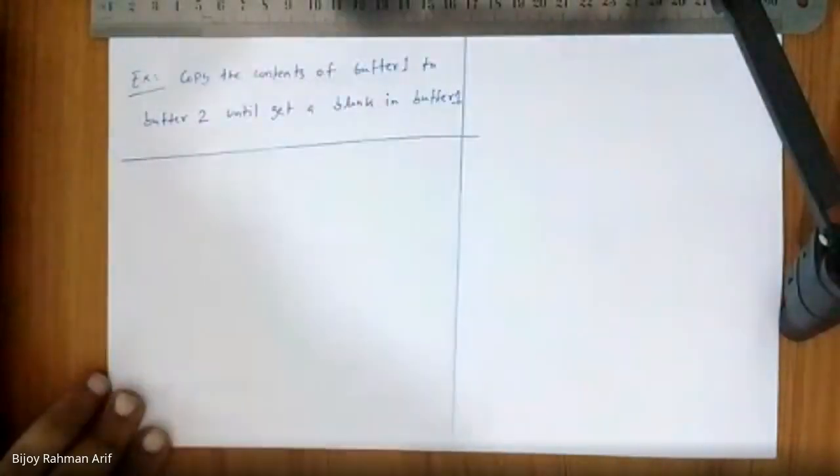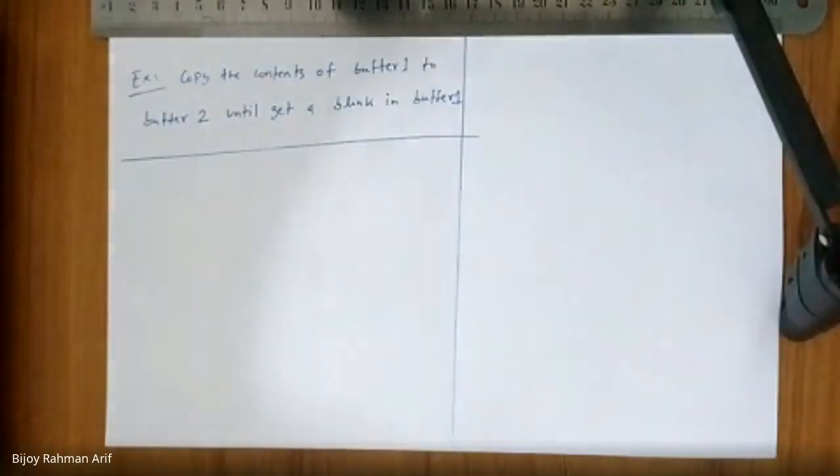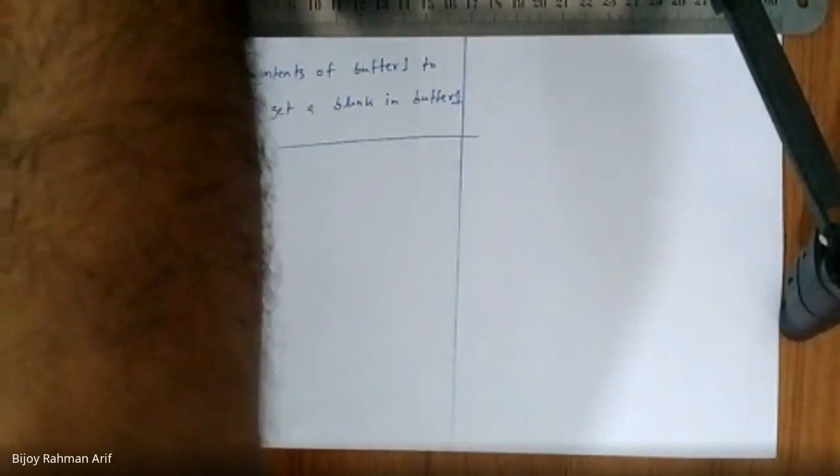So you have to draw a Turing machine for this. How can you do that? Any idea? It is something like this.